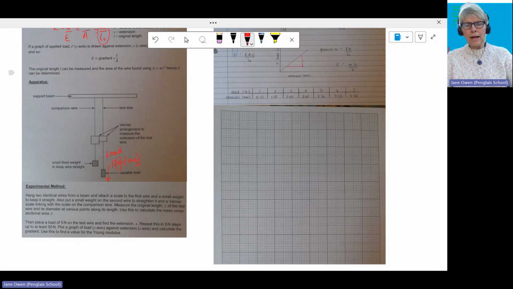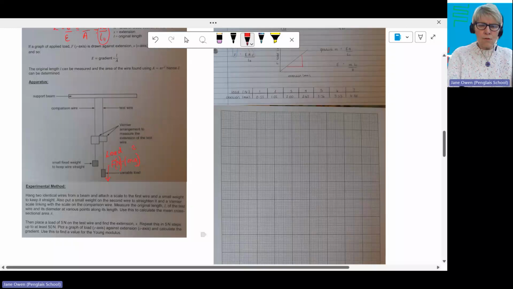Because you probably have little masses on, but you don't know what the load is, so you have to convert from grams into newtons to make it into a load. And this is what you're going to change. So you're changing the loads and you are measuring the extension on the vernier arrangement.